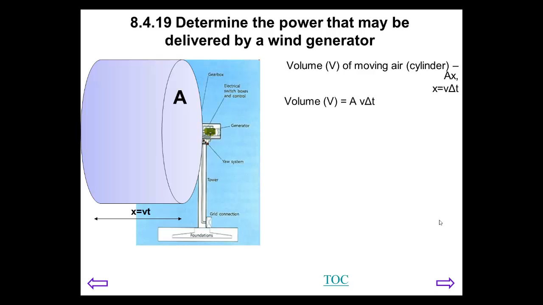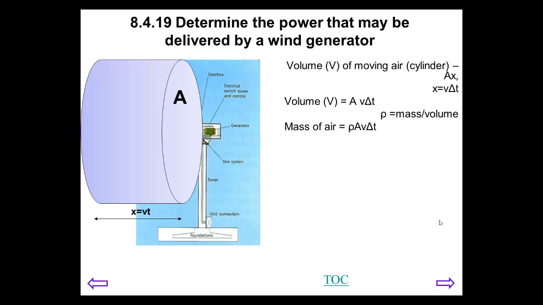So the volume is equal to A, which is the area covered by the blades, times v Δt. Now we need to know the mass of the air that's flowing past. We know that the density of the air is mass divided by volume. So the mass of the air is going to be rho times volume.